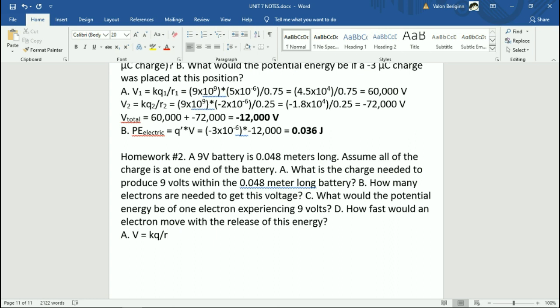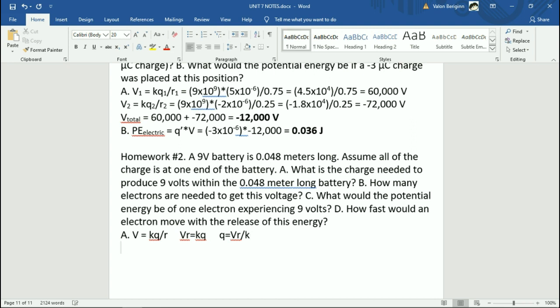Okay, so we have that. If you want, you can just sort of multiply things around. So if you multiply R on both sides, you have V times R equals KQ, right? And then if you want to solve for Q, you say Q equals VR divided by K, right? If you want to look at it that way and not just plug in numbers.